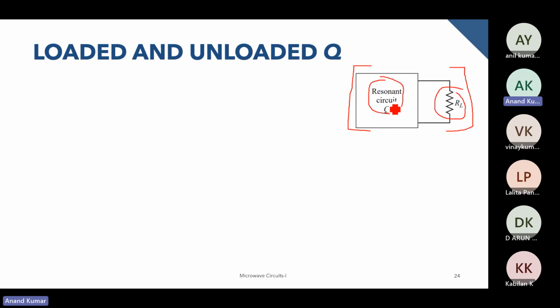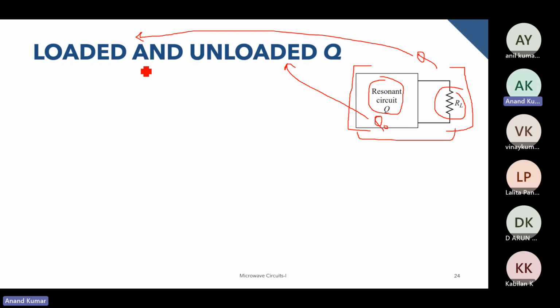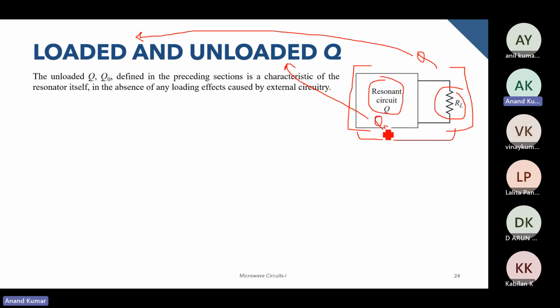If you just look at the quality factor of this resonant circuit, it is called Q naught, and this Q naught is your unloaded Q. And if you take the quality factor of this entire circuit, it is Q, and this is called the loaded Q. In very simple words, this is it. And we will see the relationship between the loaded and unloaded Q.